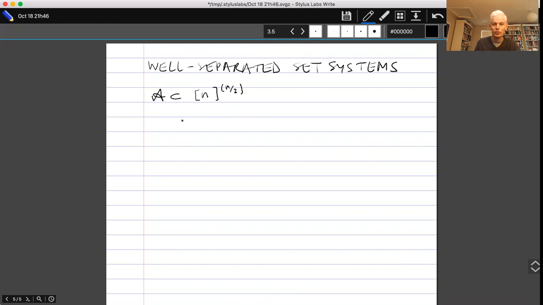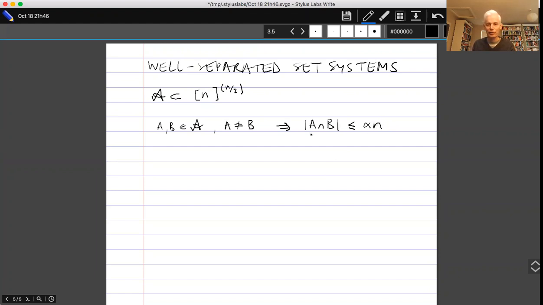And I'll put the condition that if I take two distinct sets in this collection, then their intersection should have size at most alpha n. Turns out this is a much more interesting constraint to impose than asking for at least.